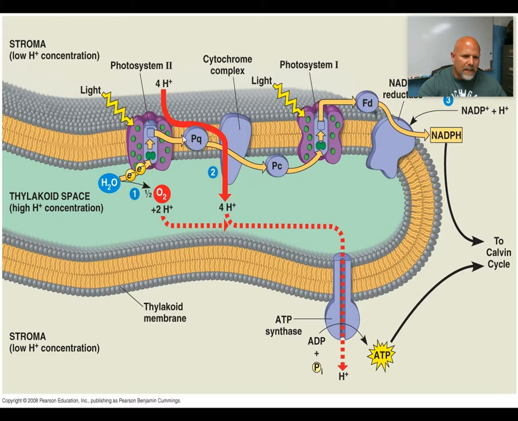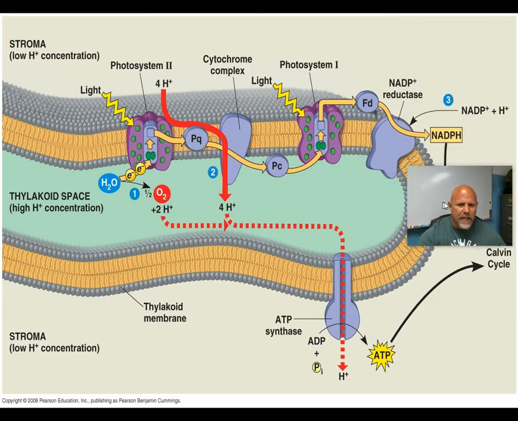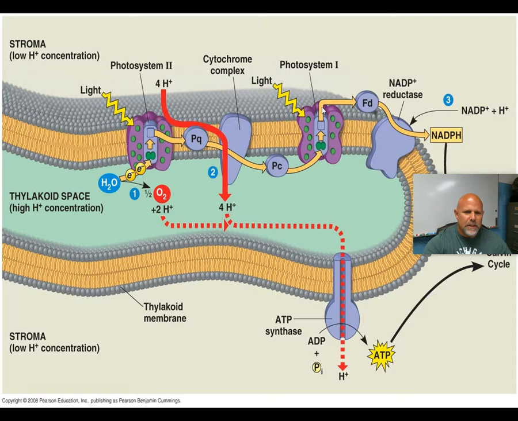Those electrons that have kind of lost their energy get re-energized in photosystem 1. They then transfer to another system where they will help reduce NADP. It's done by an enzyme called NADP reductase. A lot of times enzymes will be named by the job that they do, and so that's the case here.